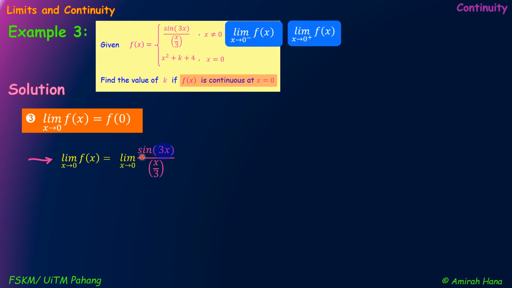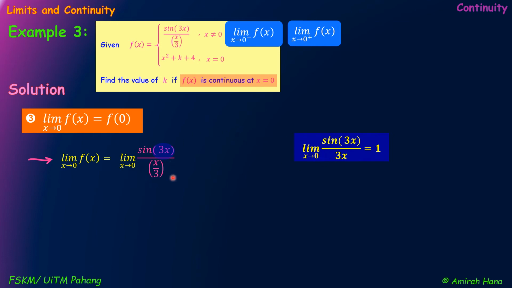Given the angle 3x, the denominator must exactly equal the given angle of sine. So from the theorem, the limit as x approaches 0 of sine 3x over 3x equals 1. This is the theorem.